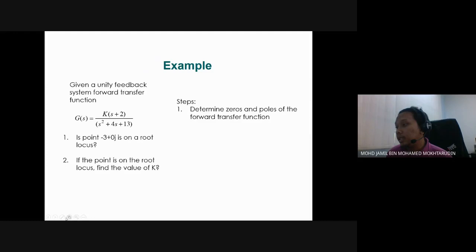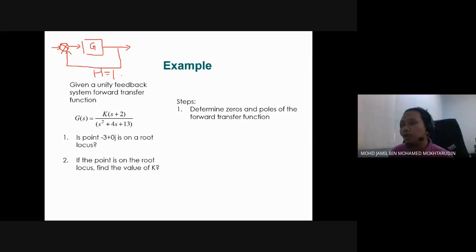Or transfer function G. If I represent this as a system, this is the summing junction, this is G, and the output. Unity feedback has a feedback, but H equals 1.